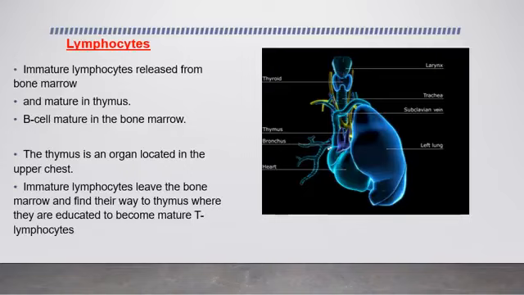So T cell lymphocytes develop from the stem cells in the bone marrow, and these immature T cells migrate to the thymus via the blood. The thymus is a lymphatic system gland and functions mainly to promote the development of mature T cells.